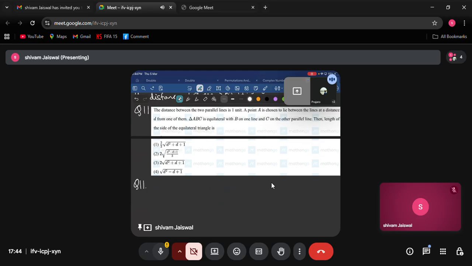Question number 12. Find the number of values of lambda such that lambda square plus 1 comma lambda is the mirror image of lambda comma lambda plus 1 with respect to x plus 2y minus 1 equal to 0.